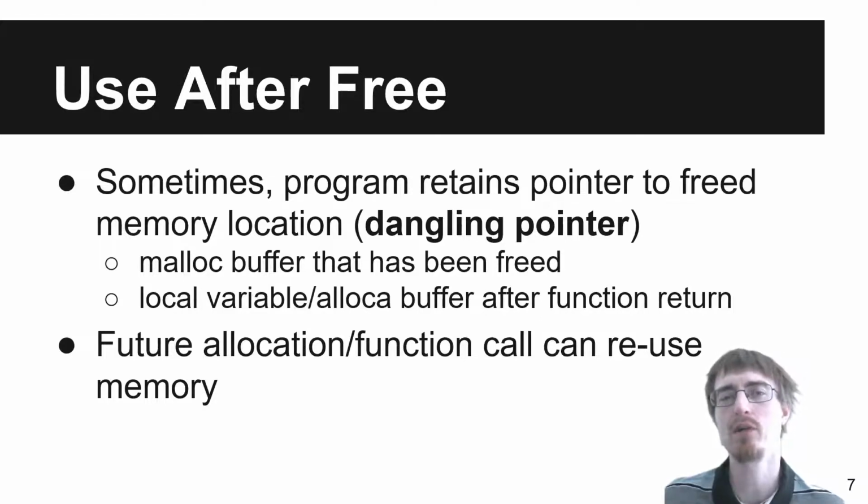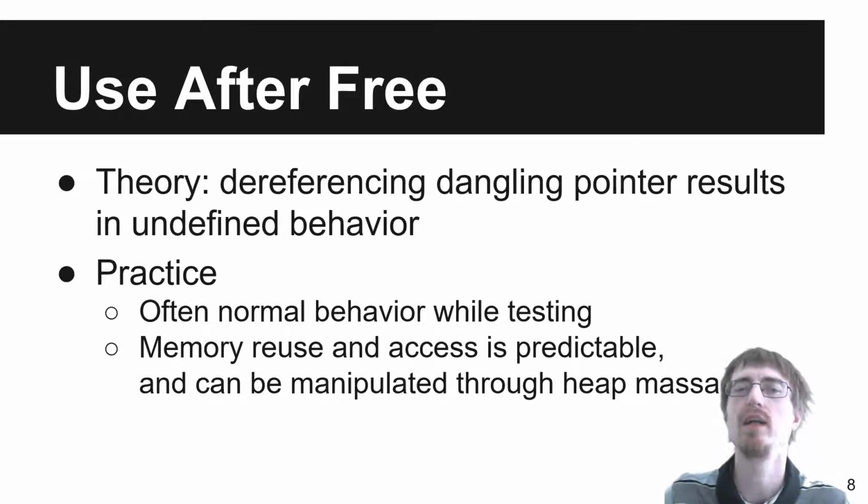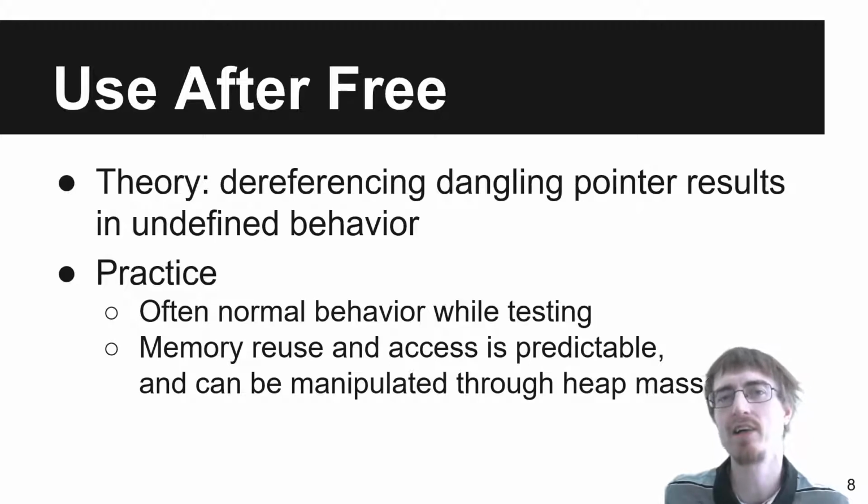And when the program uses the dangling pointer to access memory, this is obviously a bug, because it's no longer pointing to the intended buffer. So the theory is that dereferencing a dangling pointer results in undefined behavior. This is what you'll find in a language specification. Now undefined sounds like we have no idea what's going to happen, but obviously that's not true. In practice, use after free vulnerabilities are actually reasonably predictable.